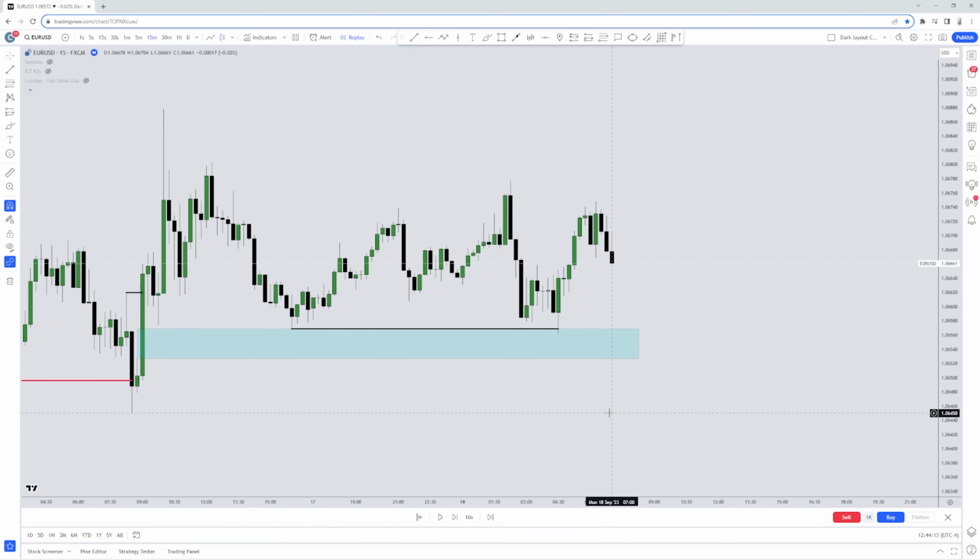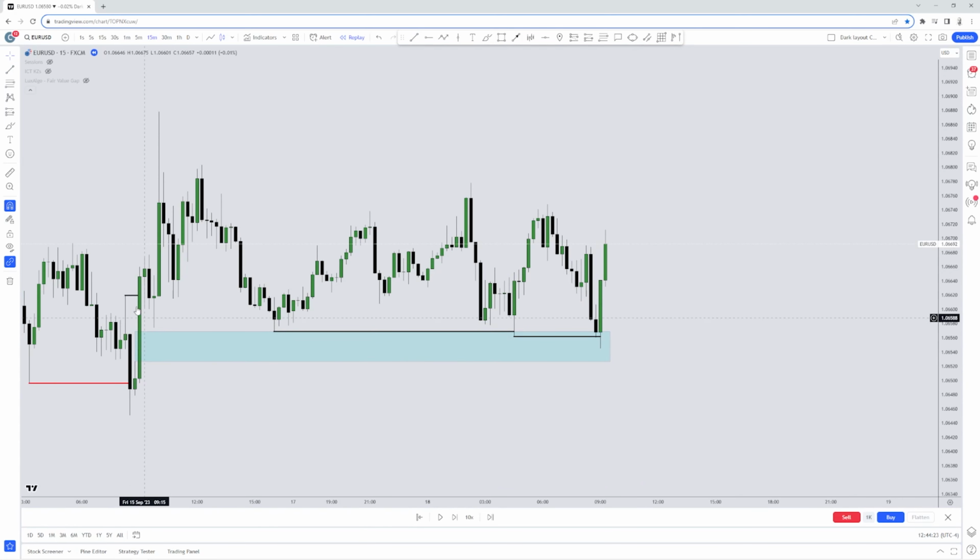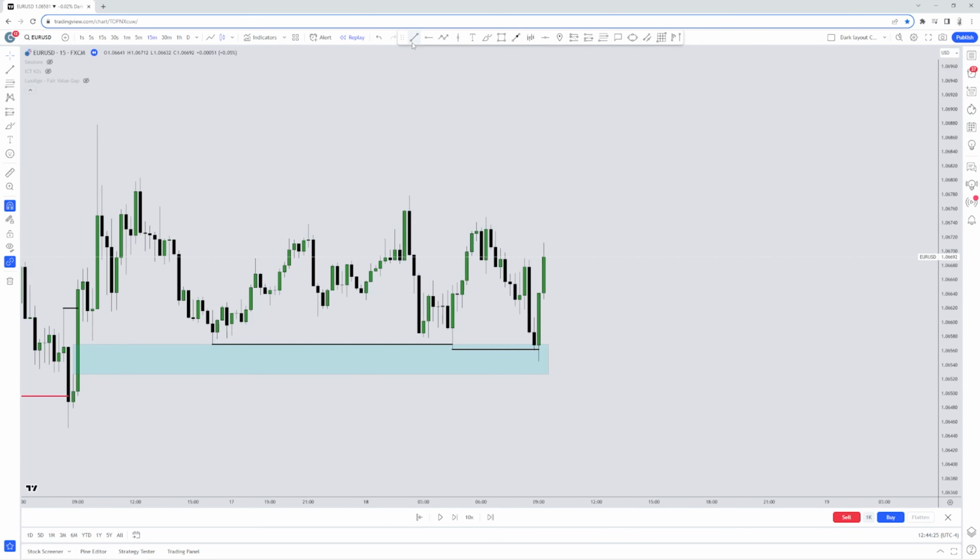Even though this was a winning trade as well, in this example you will see that we came yet again one more time, grabbed more liquidity, and then we saw the same exact pattern as in here. So we did change character.